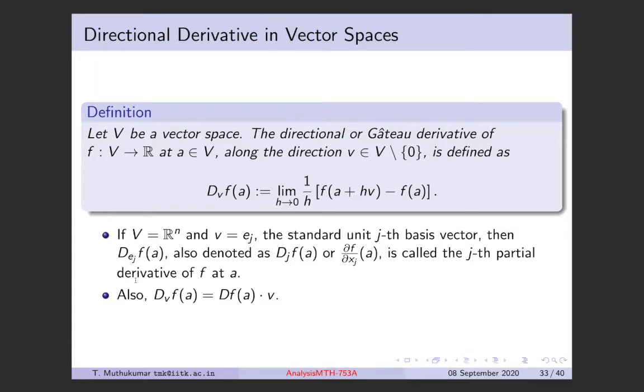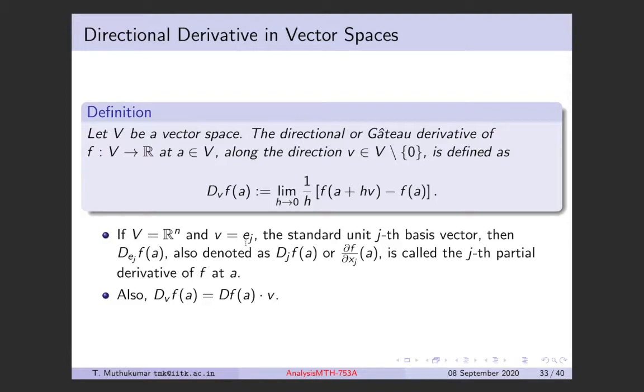And this is the relation between the directional derivative along any vector v and the partial derivatives. This actually comes from the fact that any vector v in Rn can be written in terms of the basis vectors Ej, right?